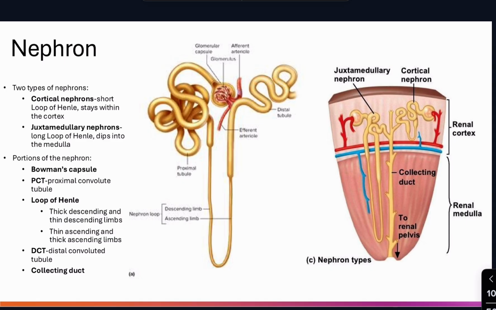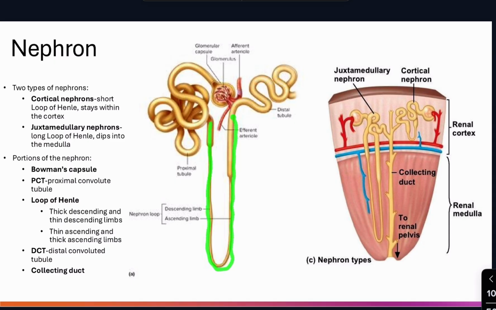So we have our proximal convoluted tubule, convoluted just meaning very twisty, turny, not very straight to the point, right? And notice the thickness, by the way, of these different tubules as we go through. That is eventually going to dip down and turn into what's called the loop of Henle.